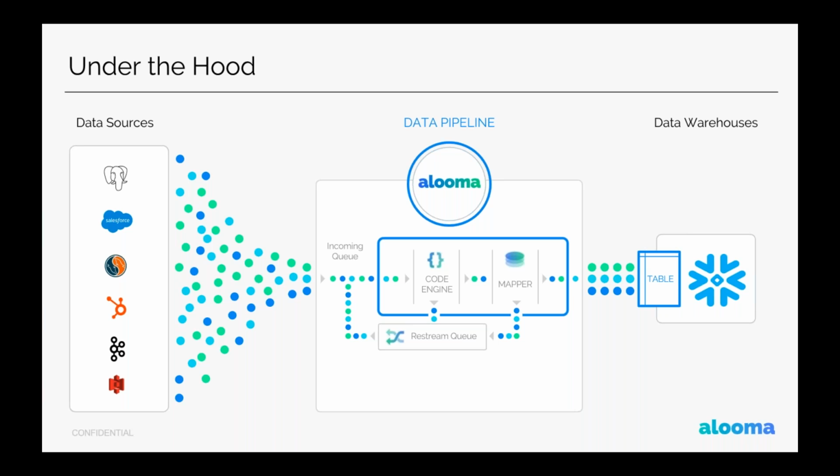The next step is the mapper, and the mapper is responsible for schema translation and evolvement. So sometimes the data has a schema in the source. The data that's coming from Salesforce or MySQL has a very strict schema that the source holds. In that case, the mapper will take the schema from the source and translate it to Snowflake, because not all data types match, of course, or again, any other data warehouse, and it will move the event over according to the schema.